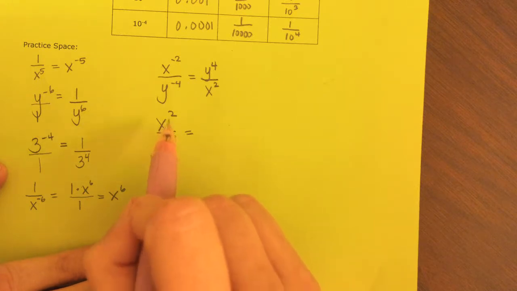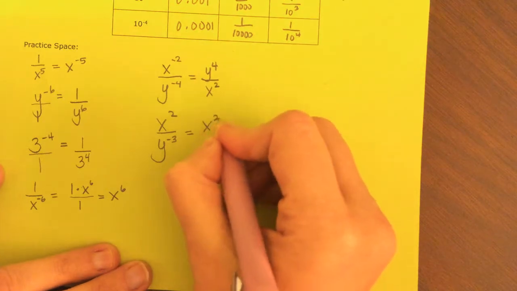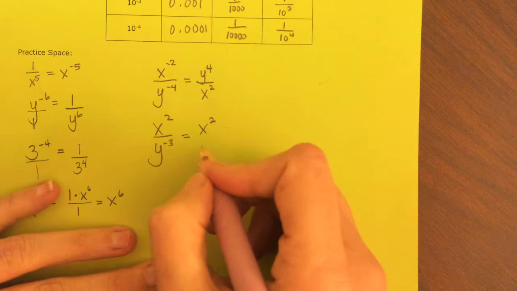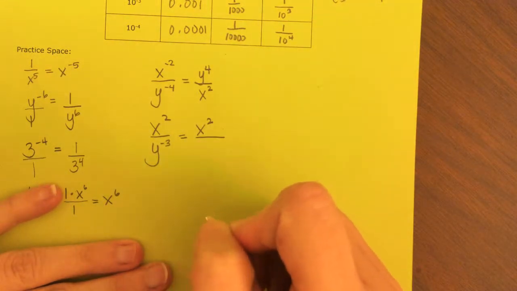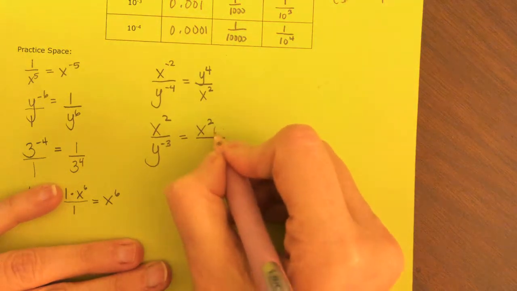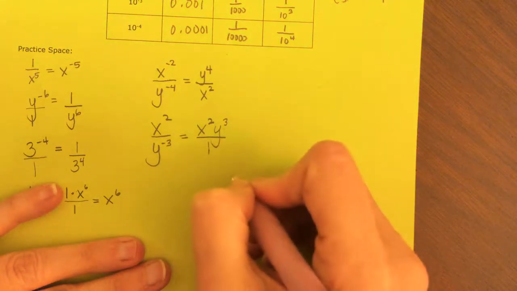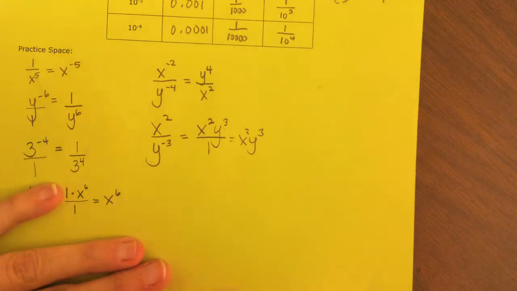Well, it gets to stay because the exponent is positive. So it doesn't have to move anywhere because it doesn't have a negative exponent. Now, y to the negative 3rd, does it stay or does it go? Well, it has to go because it's a negative exponent. So for it to become y to the 3rd, it's got to move up to the top. There's nothing left but a 1 on the bottom, so my answer is x squared y to the 3rd.